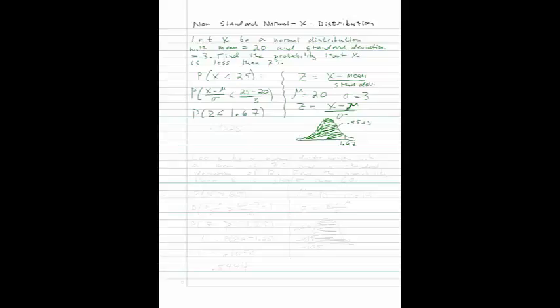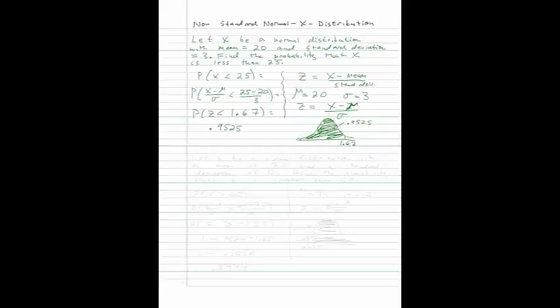So the probability z is less than 1.67 is about 0.9525. So if we have a normal distribution with a mean of 20 and a standard deviation of 3, a little more than 95% of the data will be less than 25.